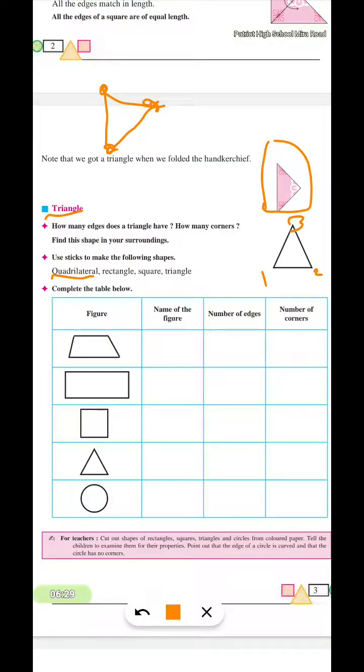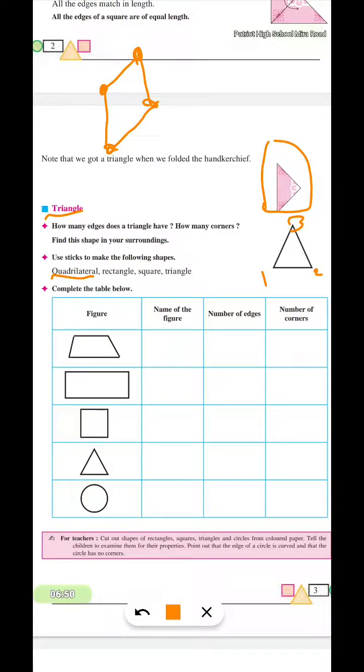So you can form a triangle. This is a triangle. If you want a quadrilateral, you can place another matchstick over here, so it forms one more and one more matchstick, so this forms the quadrilateral.